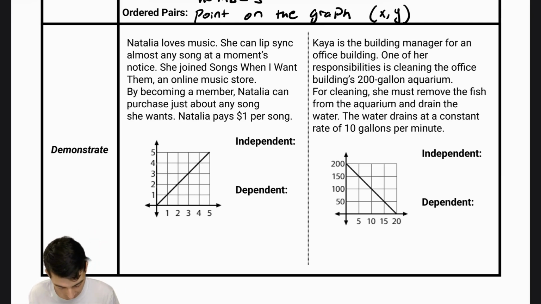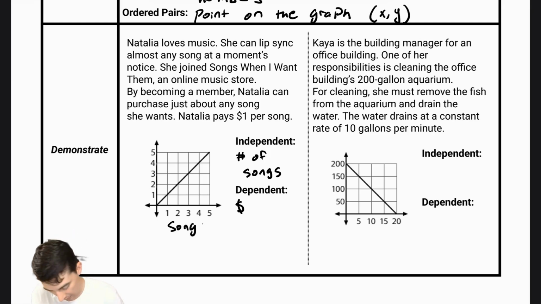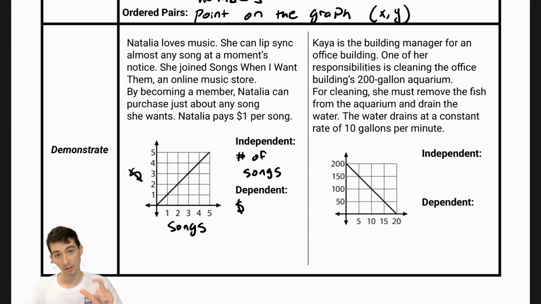So the dependent variable in this case would be the money, however much she has to spend, where the independent would be the number of songs, right? Because the more songs she buys, obviously the higher her cost grows. So we can write this here. This would be our songs, and this would be our money on the y-axis, okay? The money depends on the number of songs that she buys.